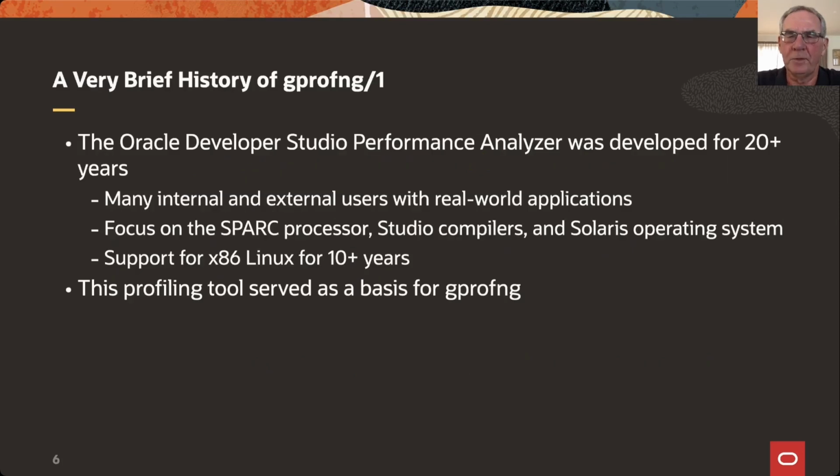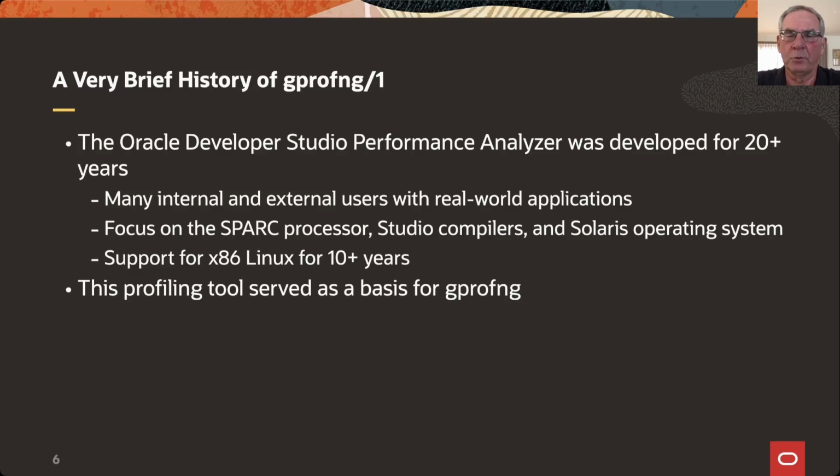A little bit of history. I'll keep it short. This tool has a long and interesting history, but I want to pick it up when it was called Oracle Developer Studio Performance Analyzer. That was the name of the tool. And it had been developed for over 20 years. And in doing so, it picked up a lot of internal and external users with real-world applications, pretty ugly applications, and that has helped to make the tool more robust and more mature.